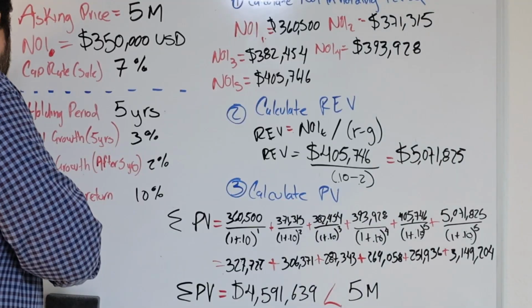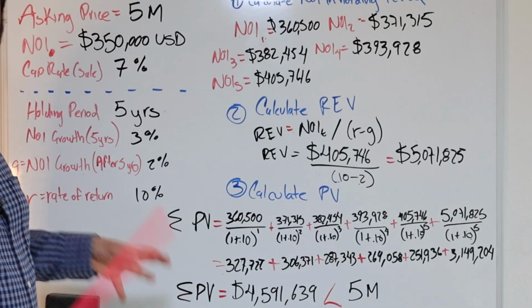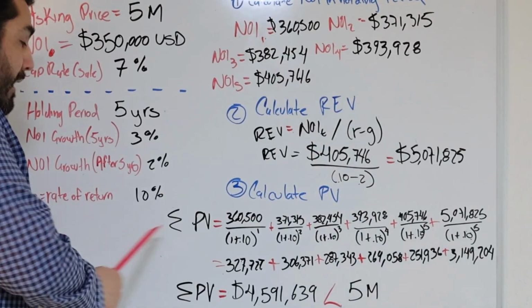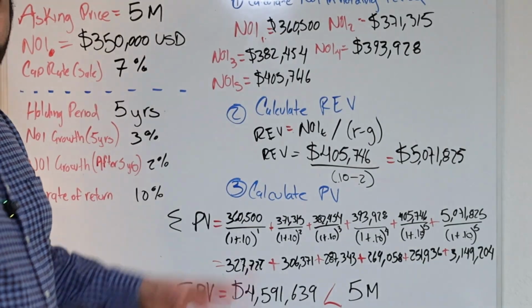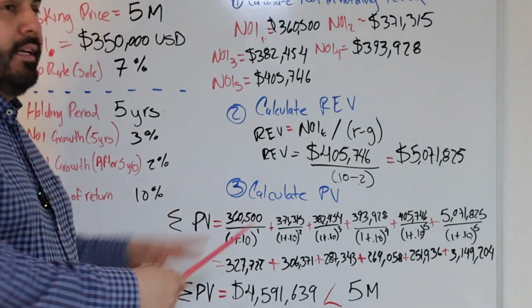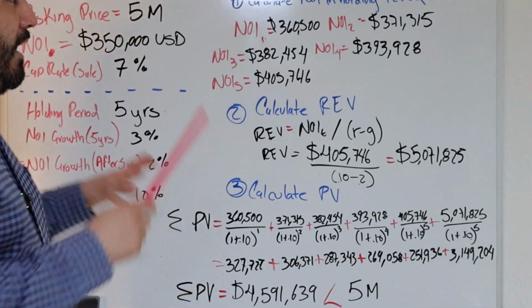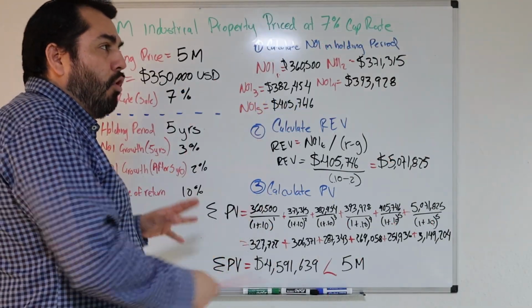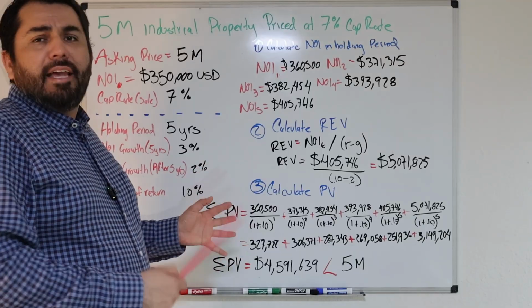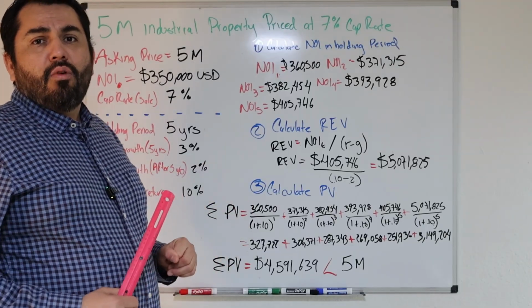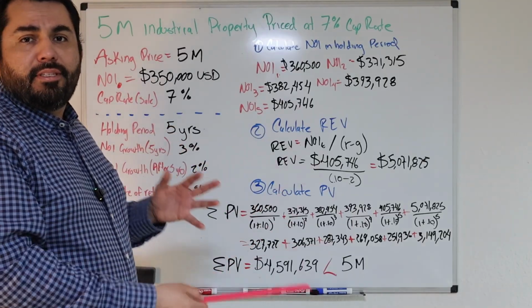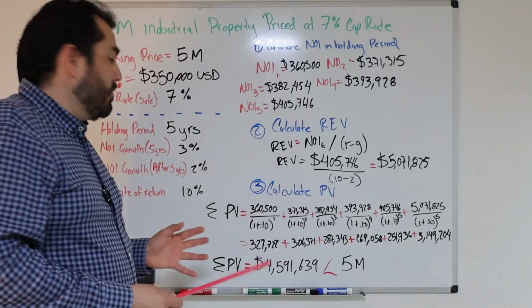Okay, and the rate of return, this is very important. The rate of return we are going to choose is 10%. Why 10%? Because we know in this market the mortgages are around 6-7%. Then the bonds are, let's say, 8%. The stocks are 15% and over returns.